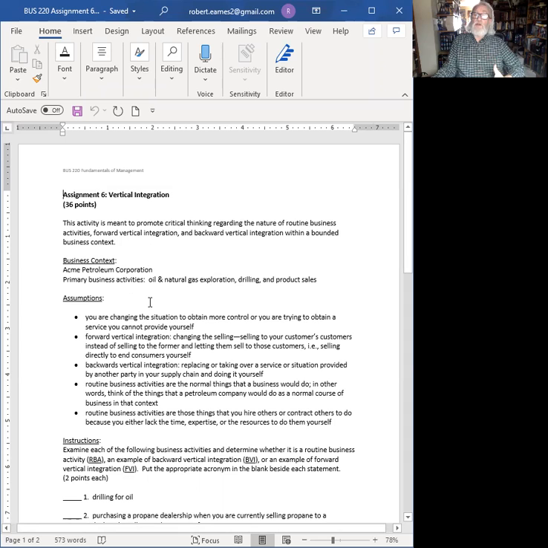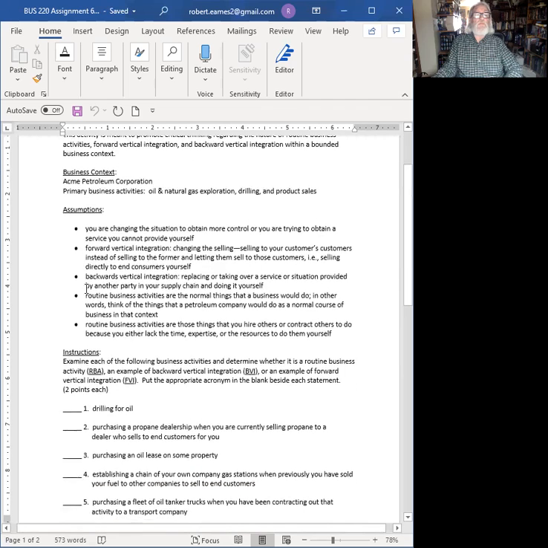You're trying to determine whether some integration is going on, either forward or backwards, or is this just something that's a routine business activity from a company that does these sorts of things? So here's our basic assumptions that we've got to work with. You're changing the situation to obtain more control, or you're trying to provide a service you cannot provide yourself.